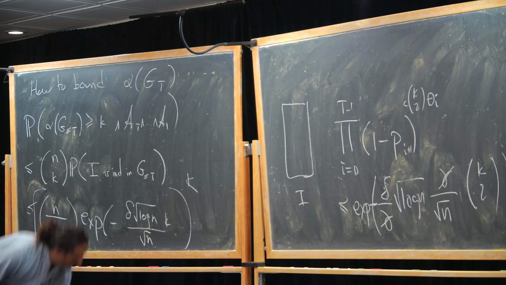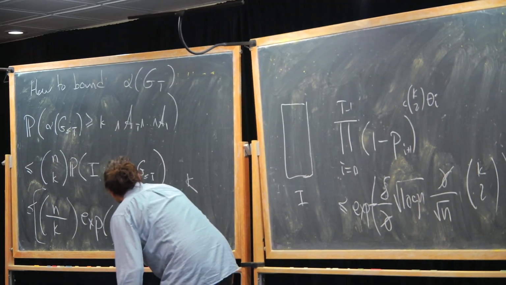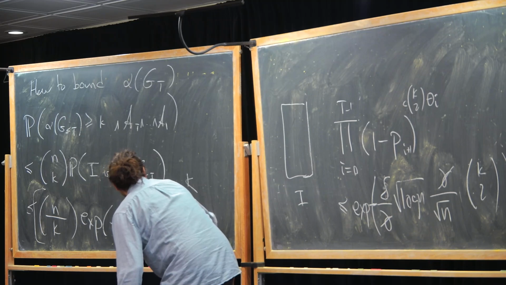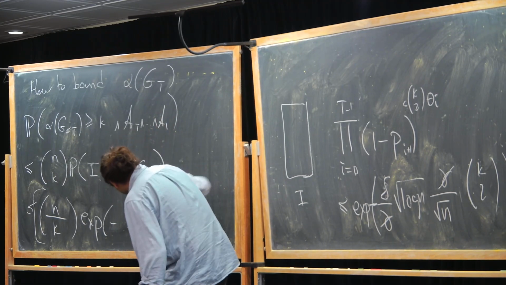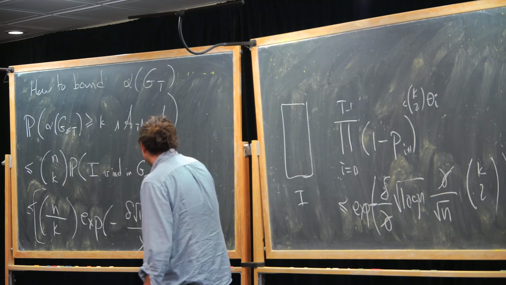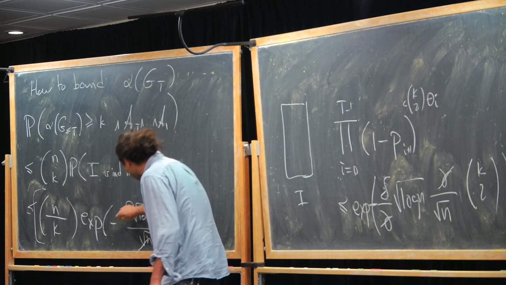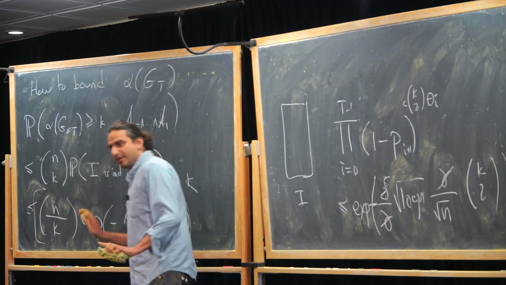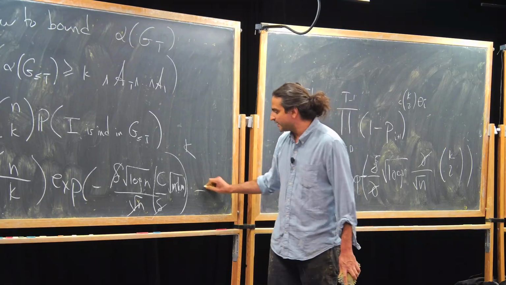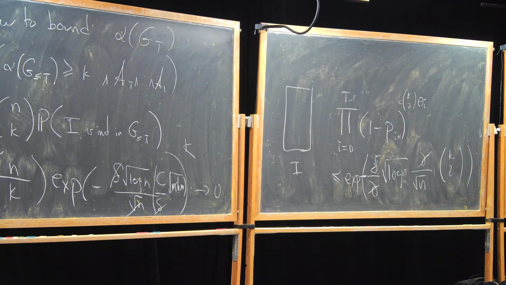There's a k here, and now I remind you what k is. That was c over delta times root n log n. So these root n's cancel, these log n's combine to form a log, the deltas cancel, and I have a constant times log, which is exactly competing with a polynomial. So it's exactly the kind of behavior that we expect.